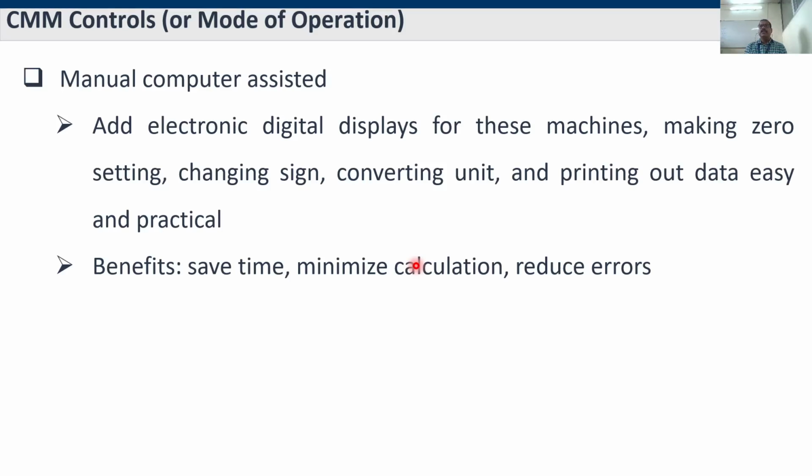For example, as I said, if you have a probe of sphere type, then the diameter you have to consider, because the measured length is different and the nominal length is different. So you have to adjust it, right? That calculation can be done in the computer assisted programming itself. So it could also reduce calculation errors. So that is manual with computer assisted.